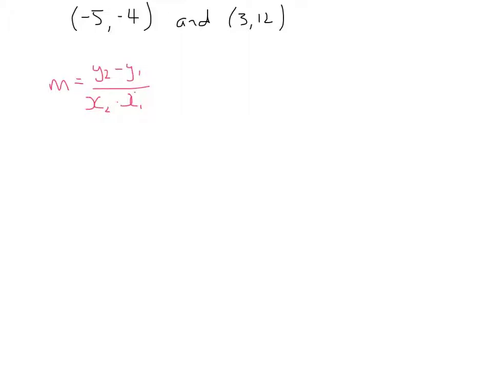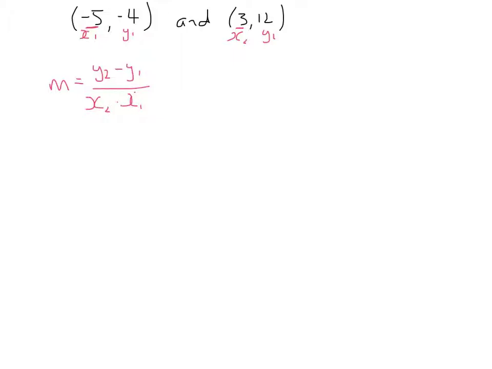So we have to identify which is y2 and y1, x2 and x1. If I look at the two x values firstly, we've got an x value of -5 and we have an x value of 3. The smallest or most negative of those is -5. So I'm going to label that one as x1. The other one becomes x2. Now, these are pairs of coordinates, so y1 goes with x1 and y2 goes with x2.